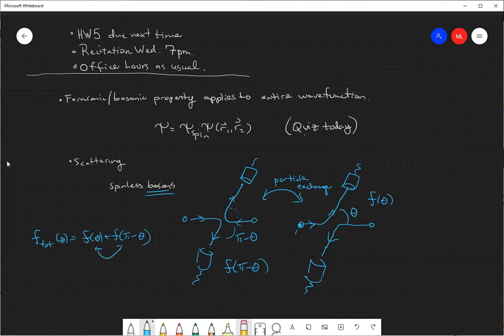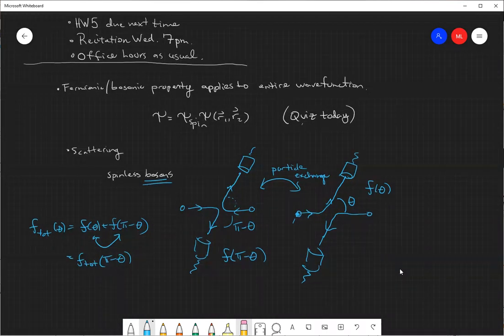If this is what you interconvert between under particle exchange, then your total scattering amplitude is going to be symmetric under particle exchange, because all particle exchange does is flip that angle from theta to pi minus theta. All right, so that's bosons. That's sort of what we left off with last time. Any questions?